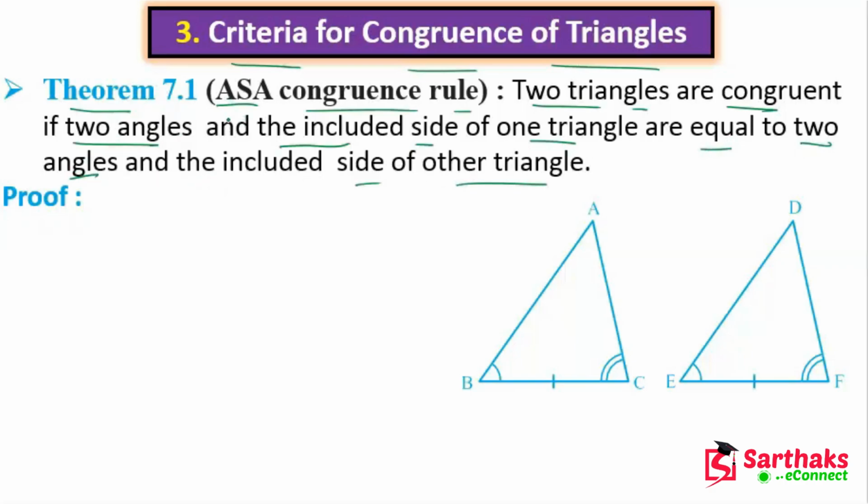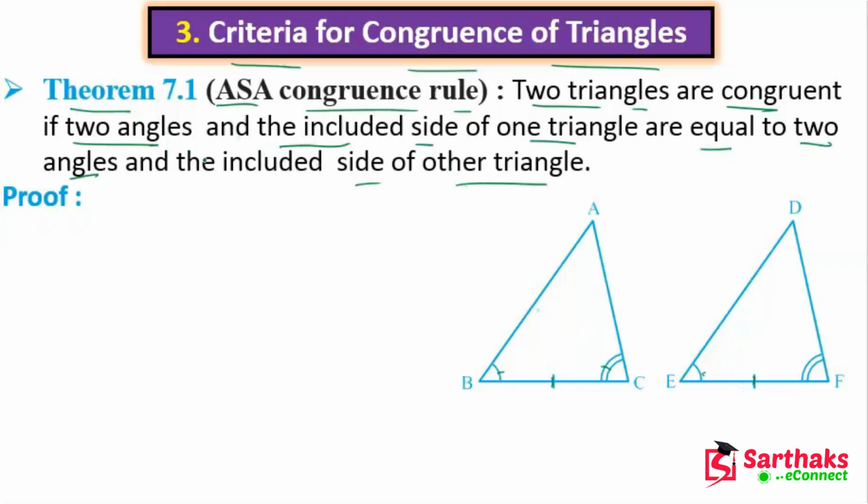This is the angle side angle rule. It means that two angles of one triangle and the side included between these two angles are equal to the two angles and the included side of the other triangle.